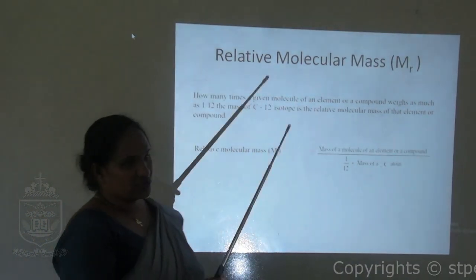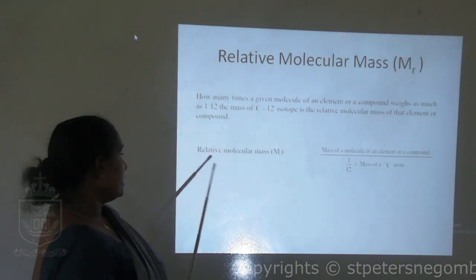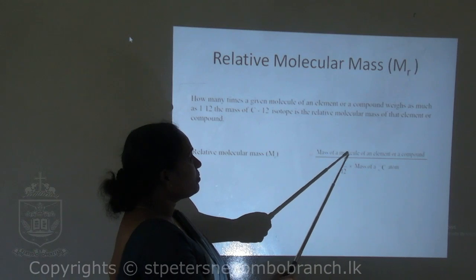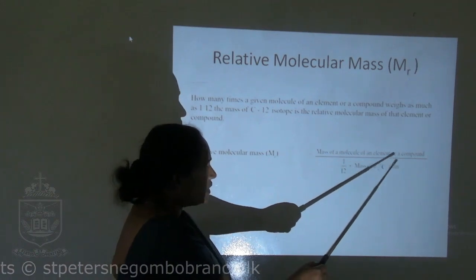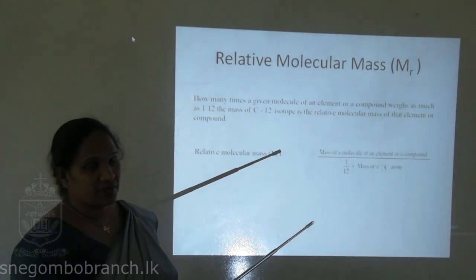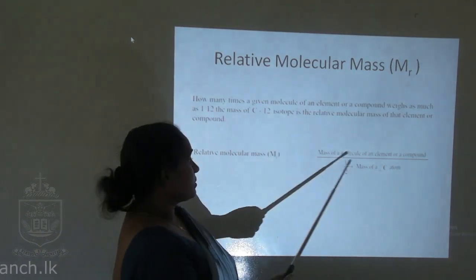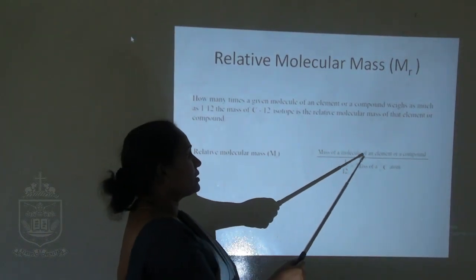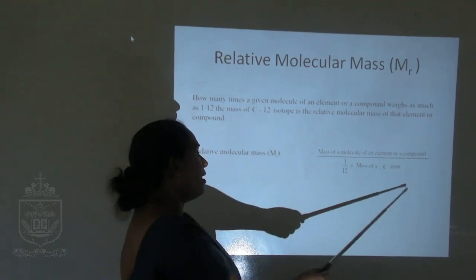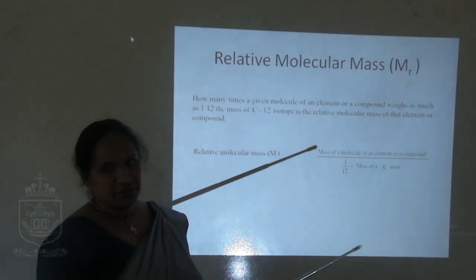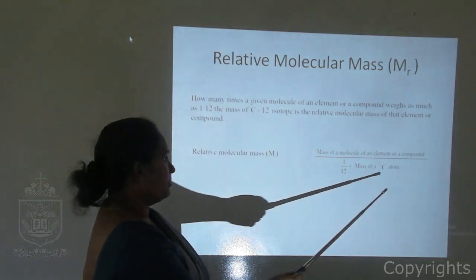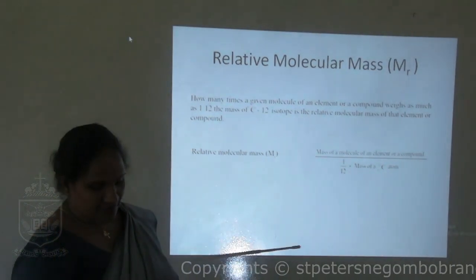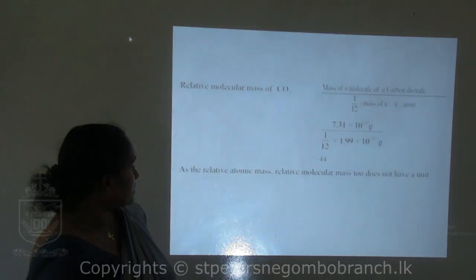This is the equation. Relative molecular mass equals the mass of a molecule of an element or compound divided by the atomic mass unit. We have to divide, simplify and get the answer.